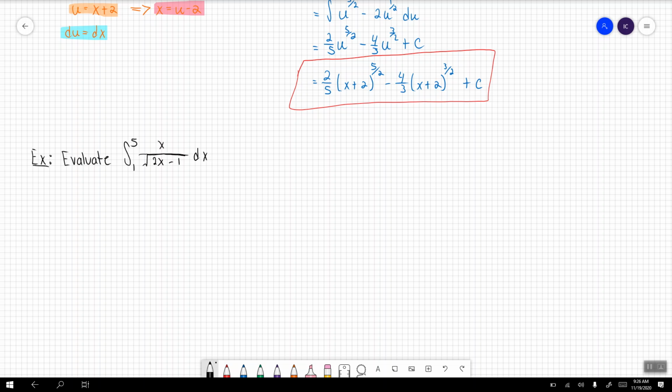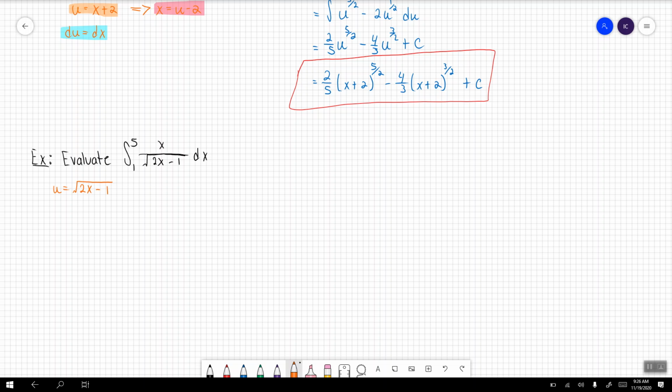All right. So what I want at this time, just to see what happens here, is that u is going to be equal to the square root of 2x minus 1. Now I know what you might be saying.